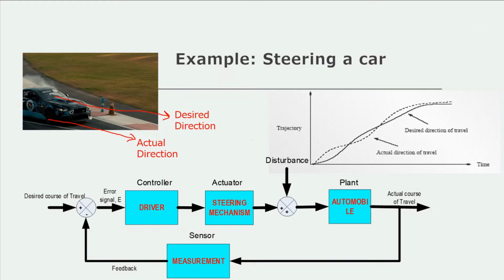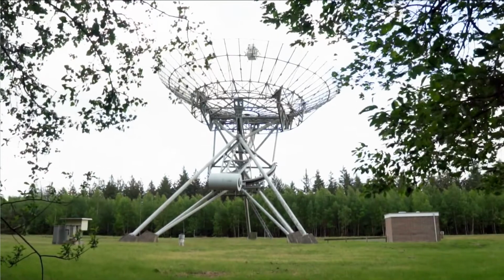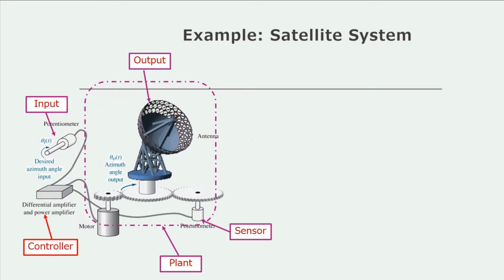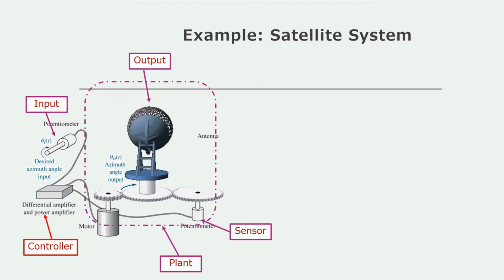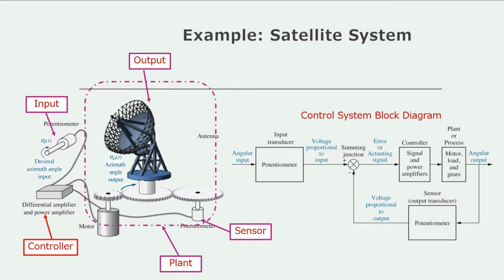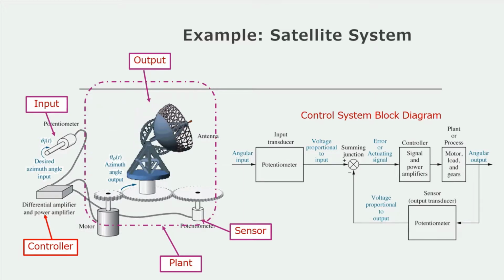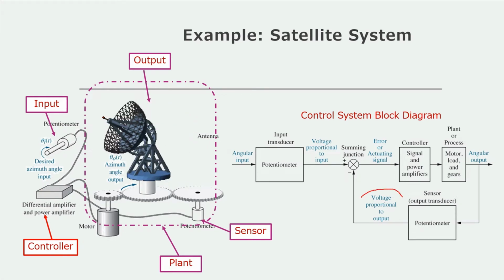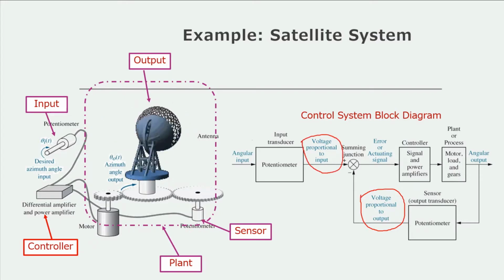All right. So how about the antenna satellite systems? The same thing. You need to identify which one is the input, which one is the feedback, who is the plant, and what is the output that they desire, so then you can design the controllers. Here I want to highlight that when we calculate the feedback, we need the same units for these systems.